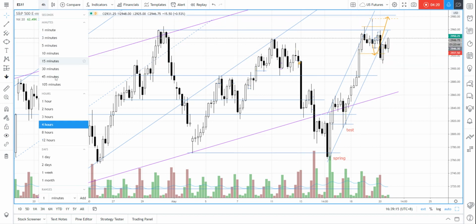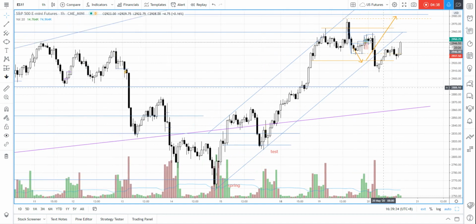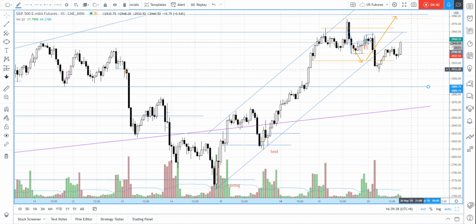I'm not saying that we won't visit the low again. The swing low here, 2910, is one of the possibilities, because we definitely can go into a deeper test to the 2900 level or even 2890, because it's still within the supporting area. 2890 to 2910 is one of the levels that I pay attention to.